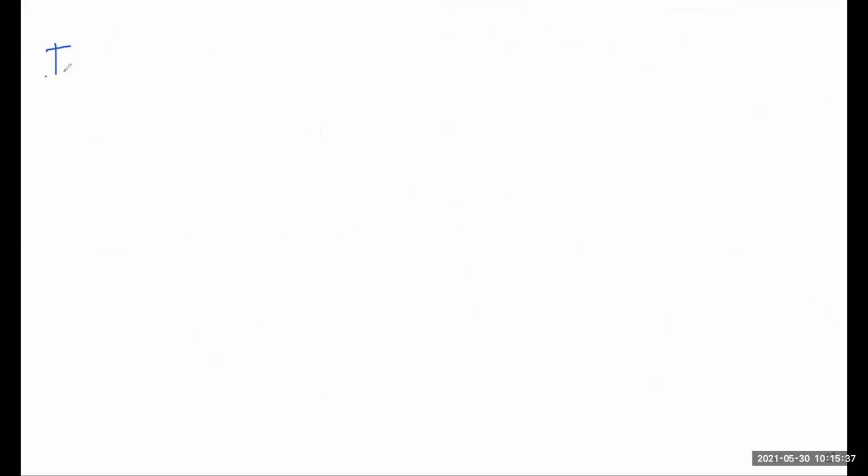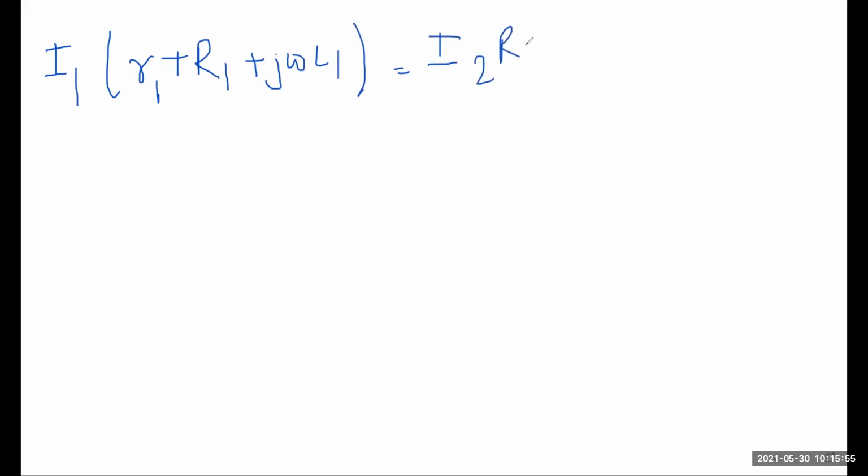So when I substitute, I'm getting I1 in bracket small r1 plus capital R1 plus j omega L1, close the bracket, and I need to substitute the value of IC. So it is I2 R2 plus I1 j omega C R3 small r.